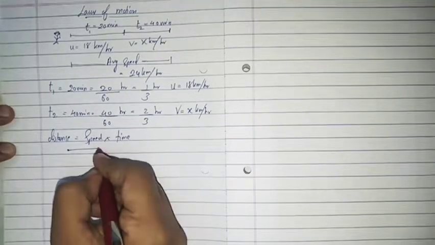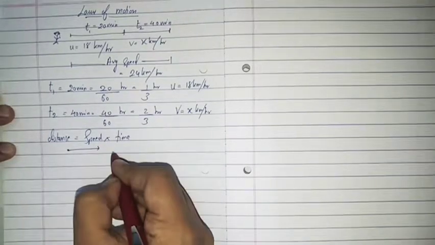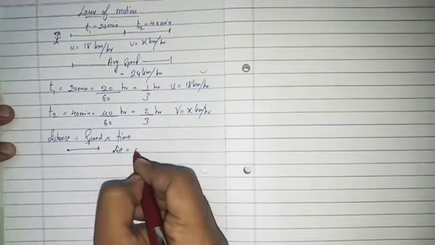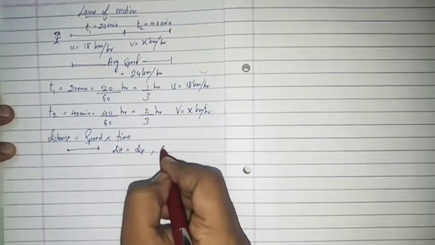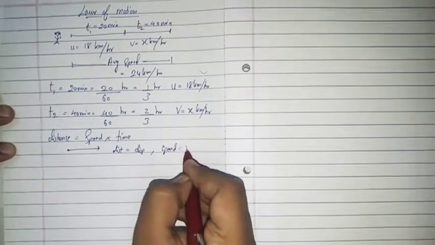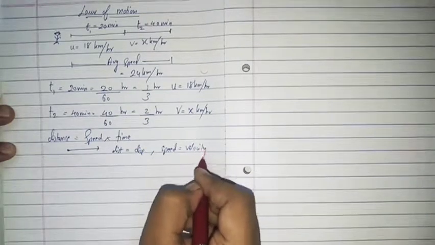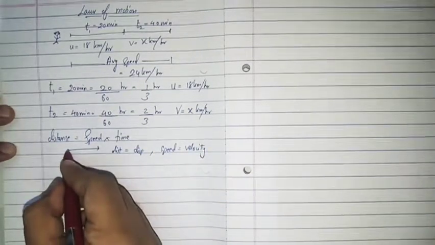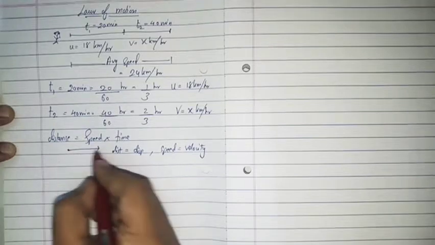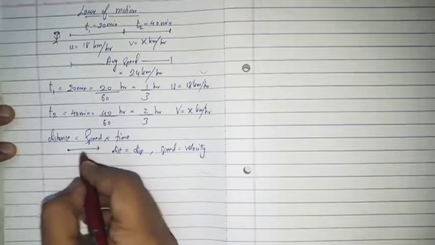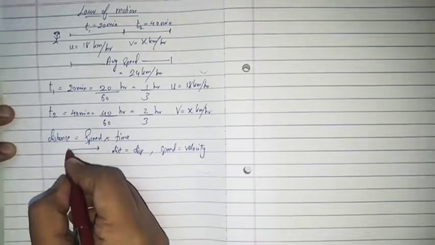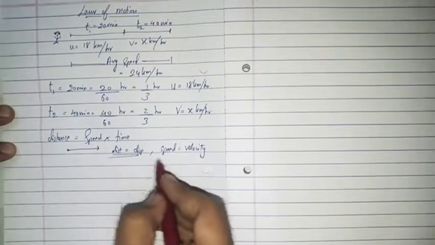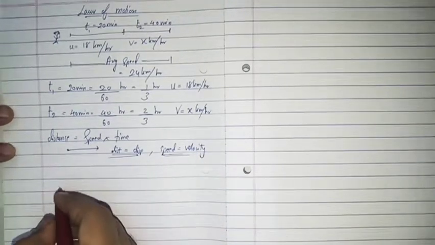And whenever an object is moving in a straight direction, distance is equal to displacement and speed is equal to velocity, right? Because they are traveling in the same direction, in a straight linear path. So distance is equal to displacement and therefore speed equals velocity.